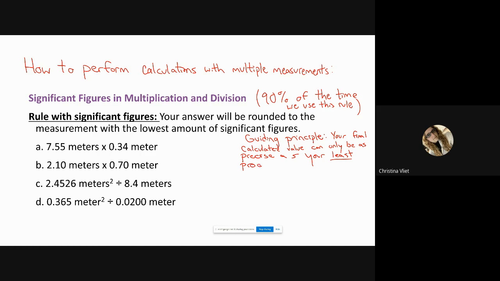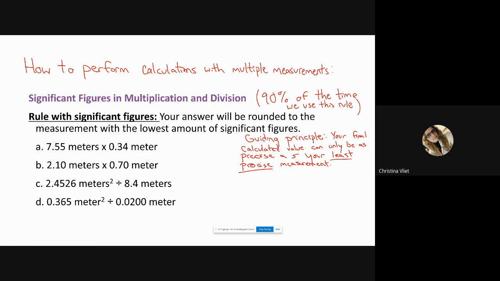You can't add additional precision if you don't have it. So this is how these rules came about. We have to round to our least precise measurement. So you may want to write that down because it is the reasoning of why.